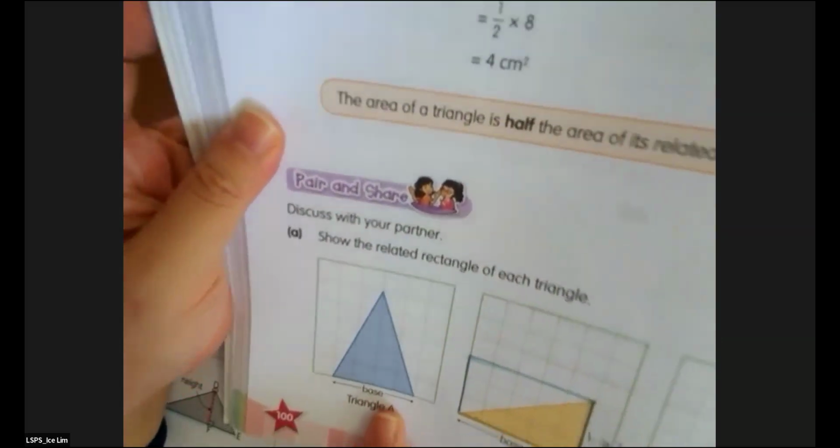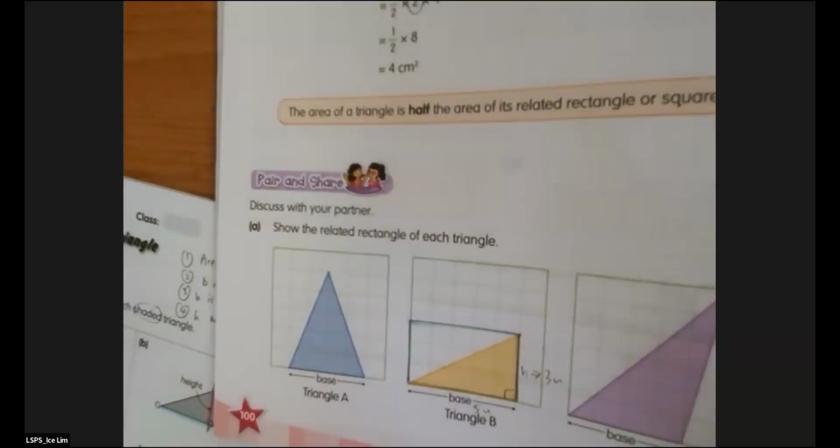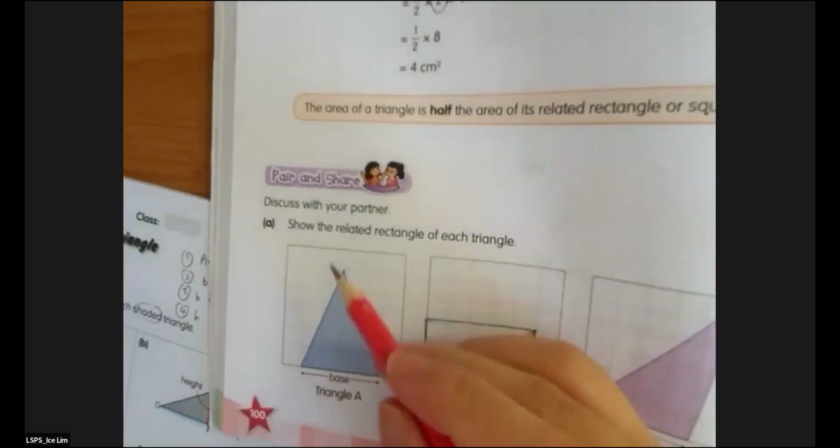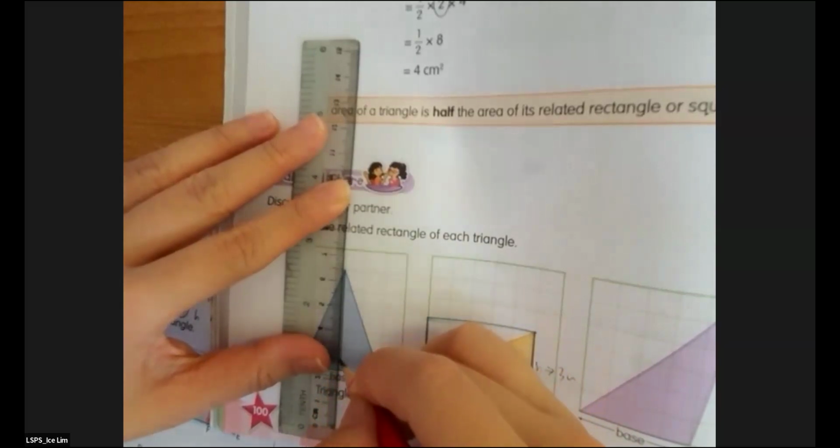Okay, then here, the triangle A. You manage to find the related rectangle? Right? So previously we already know the height is here. We learned it already. We practiced a few times.